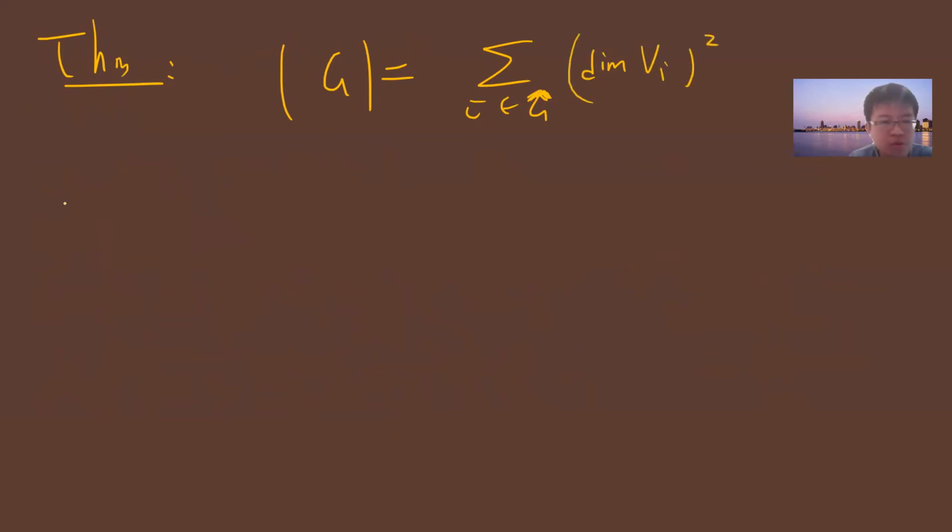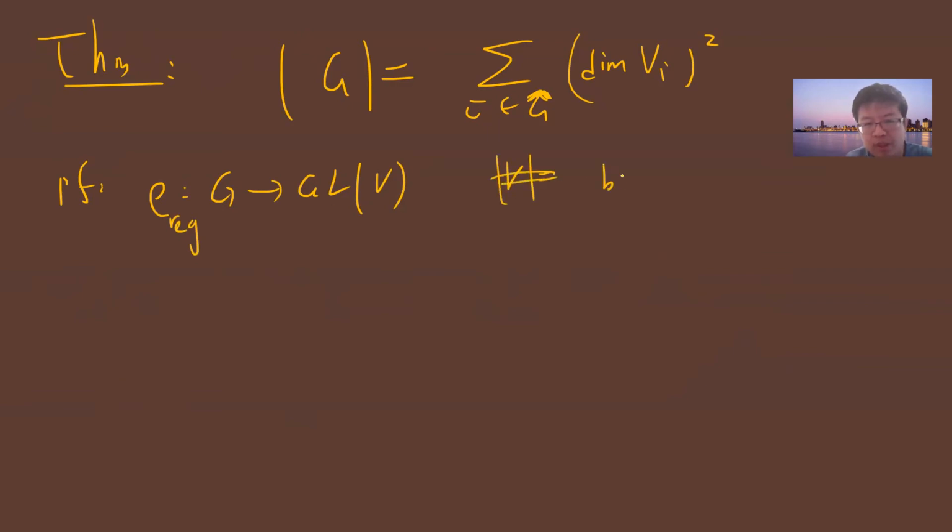For the proof, we need to use the regular representation. Maybe you guys already forgot. If you go from G to the general linear group of V, the regular representation means that we choose the basis of V to be the group itself, the group elements themselves.